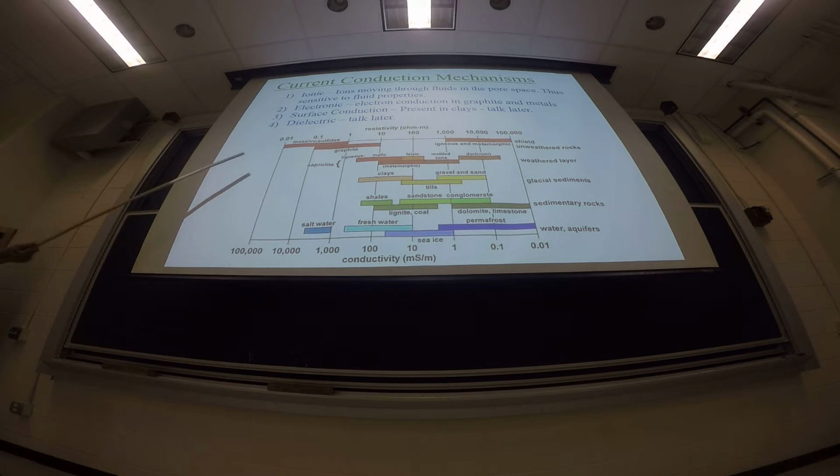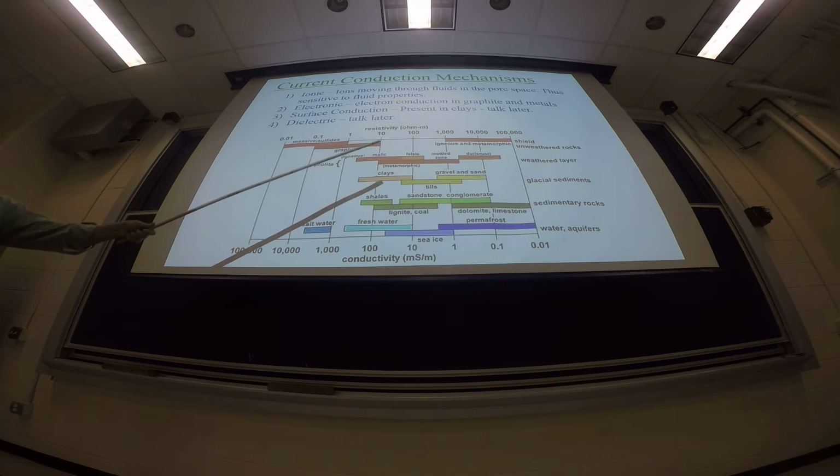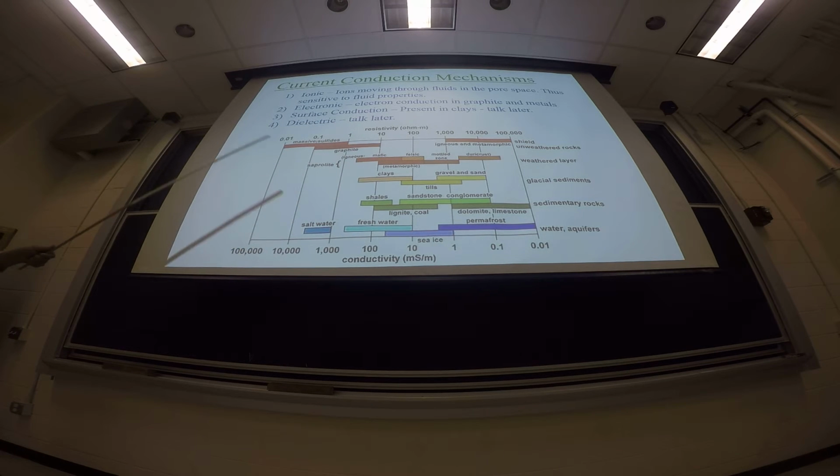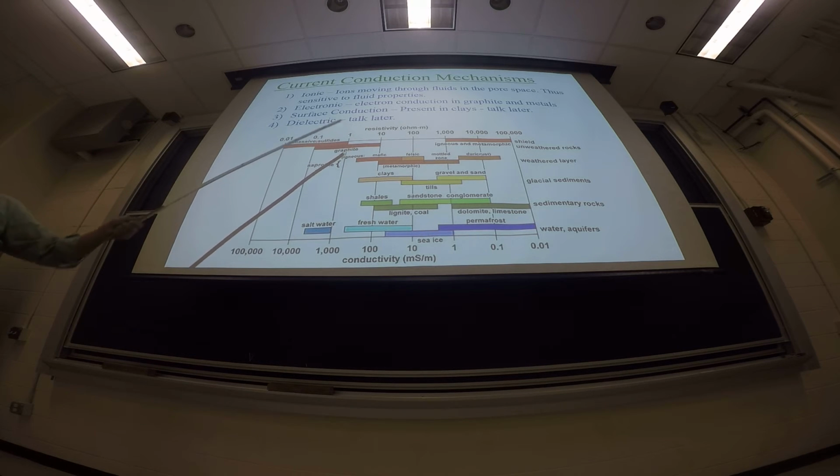So one very interesting thing about the electrical methods is the wide range of values. In some cases, even though you might not have much of a change in a property that's yielding the resistivity change, if you, for instance, are looking for salt water versus fresh water, there's a huge change in resistivity that will yield a very measurable signal.